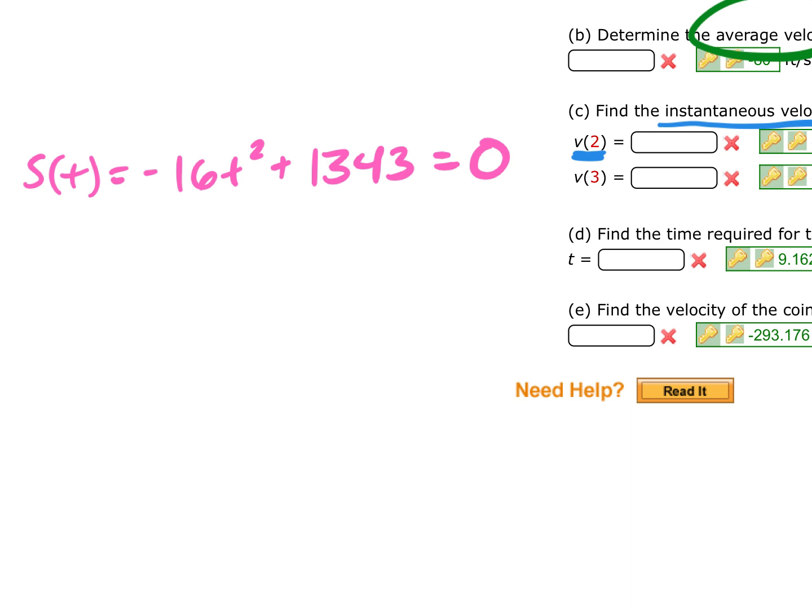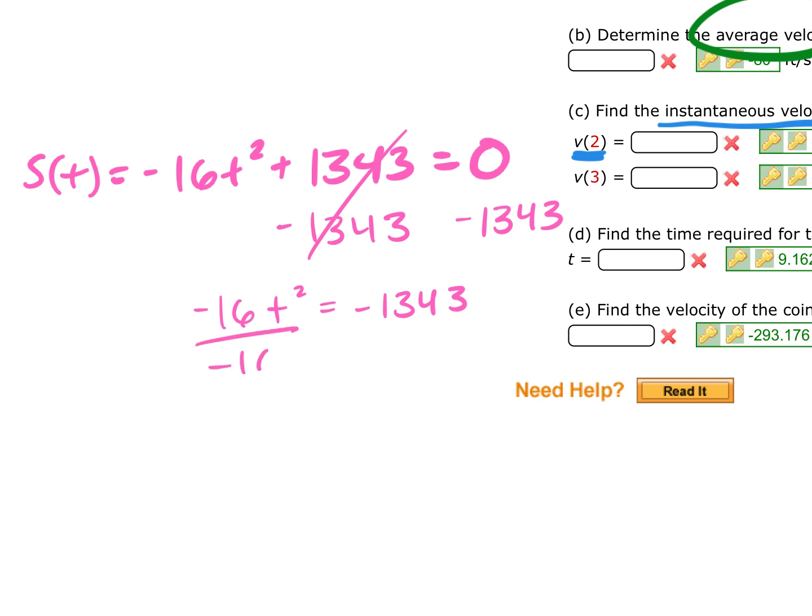We're solving for t here. So I'm going to subtract 1343 on both sides. Negative 16t squared equals negative 1343. Divide by negative 16. We can put that in our calculator.